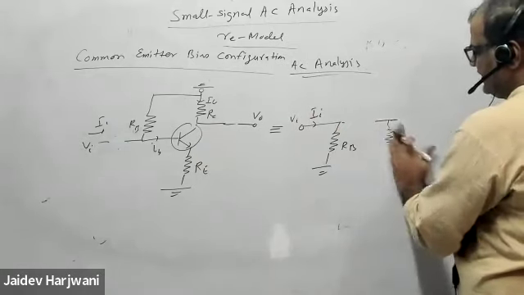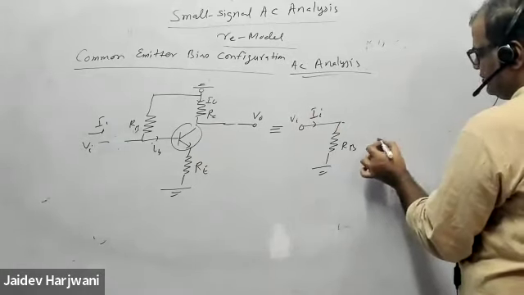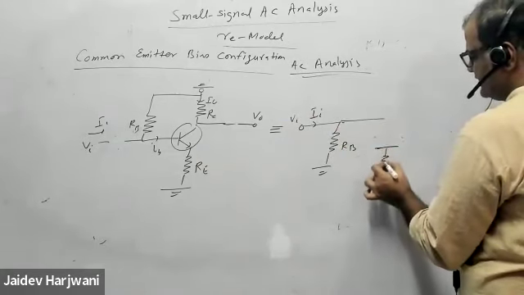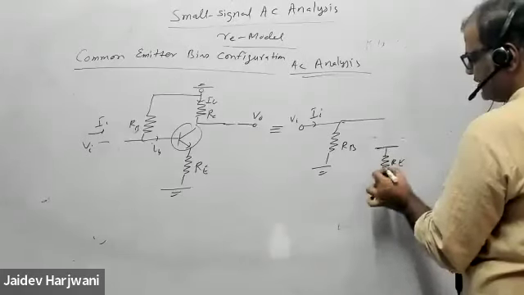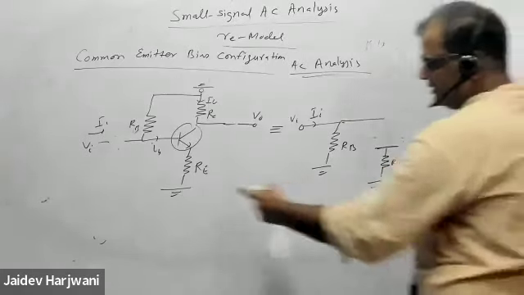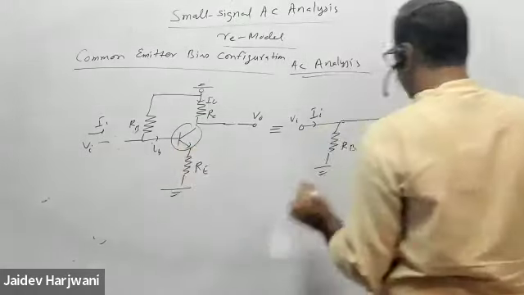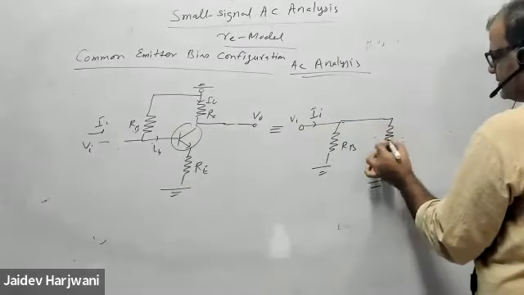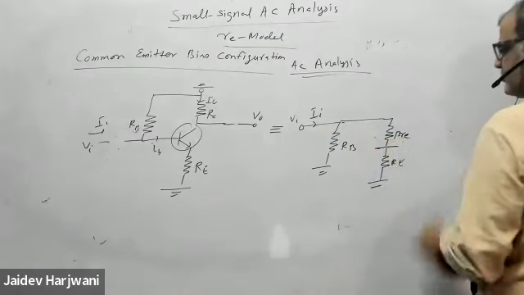Here you have resistance RE. Now it's not directly connected. RE is there, and this part will be replaced by beta RE.